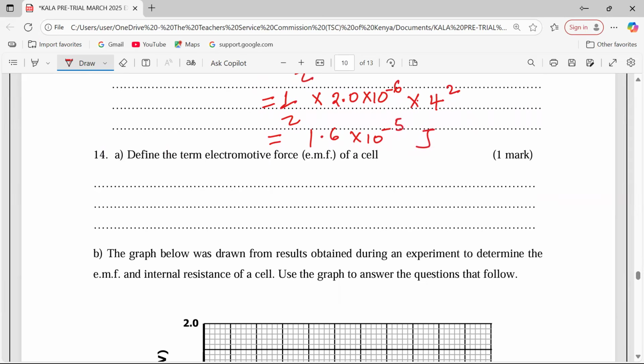Number 14, ladies and gentlemen. Define the term electromotive force, EMF, of a cell.